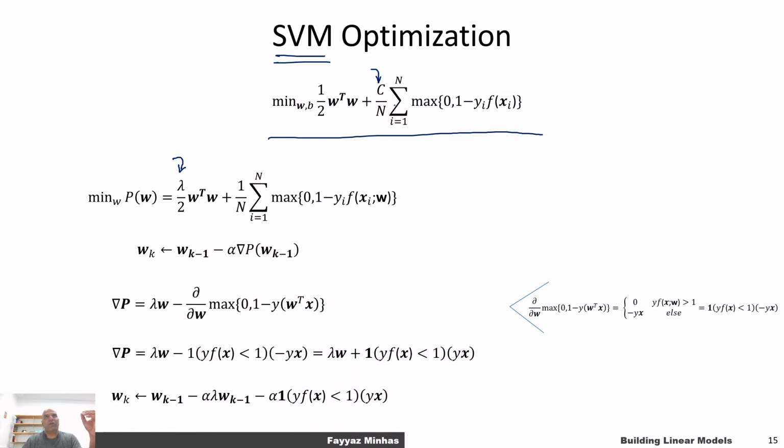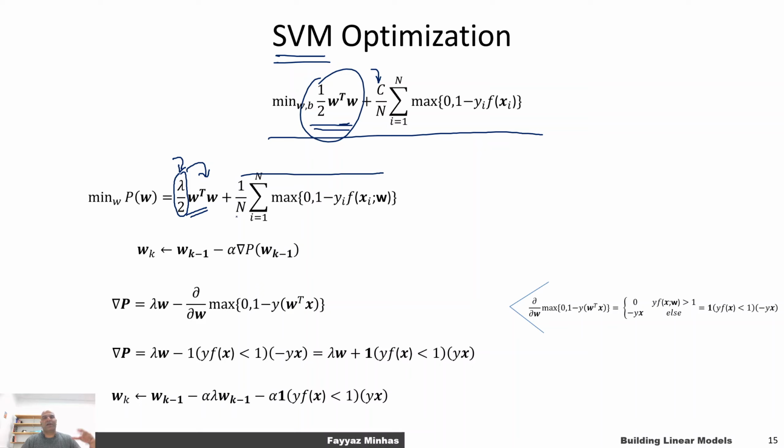So if we choose a small value of C, then what we are doing is only this margin maximization or this regularization bit, this bit over here. And that is in contrast to the role of this lambda. When we have a large value of lambda, all we care for is going to be this regularization and not this error minimization.